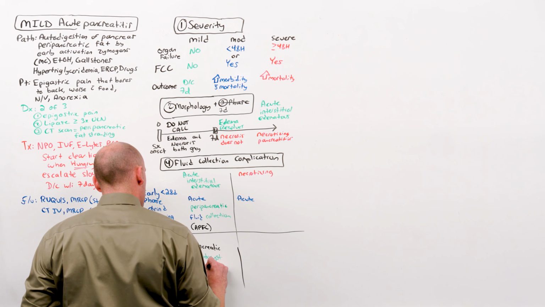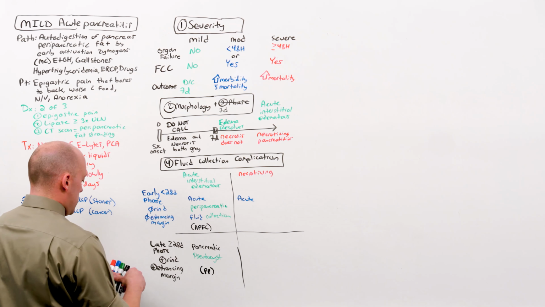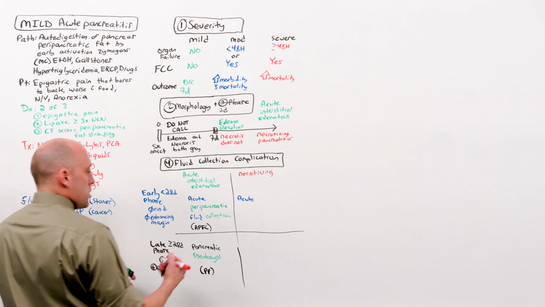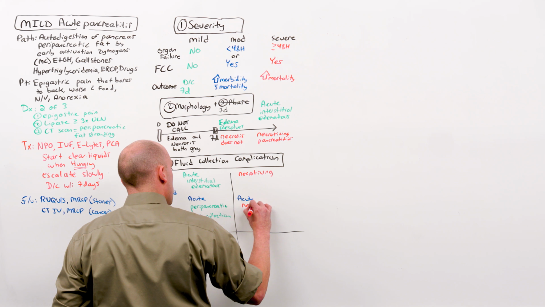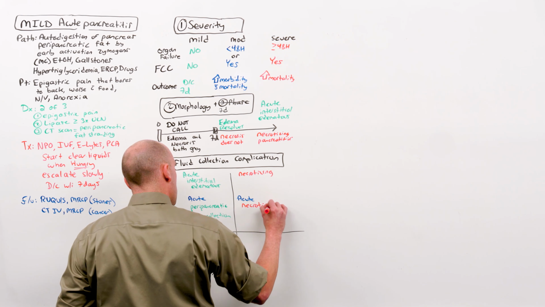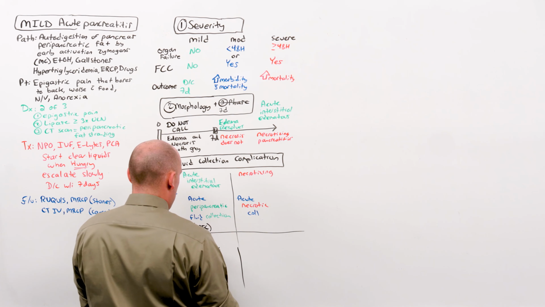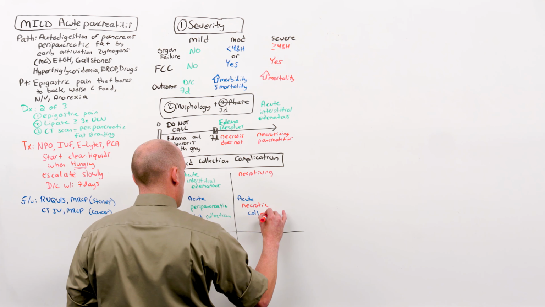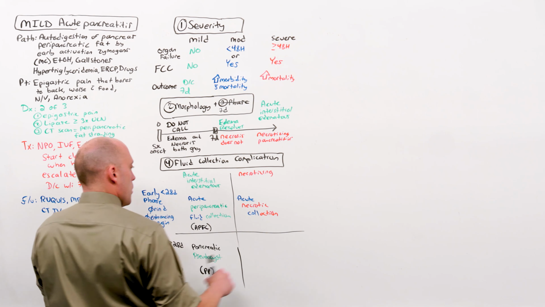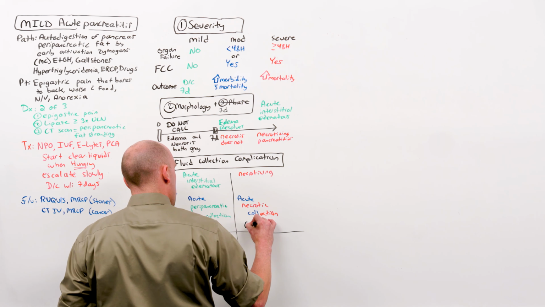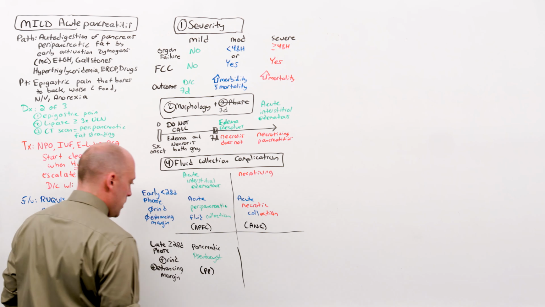Abbreviated PP. For necrotizing, it's an acute necrotic, not fluid collection, just collection. Abbreviated ANC.